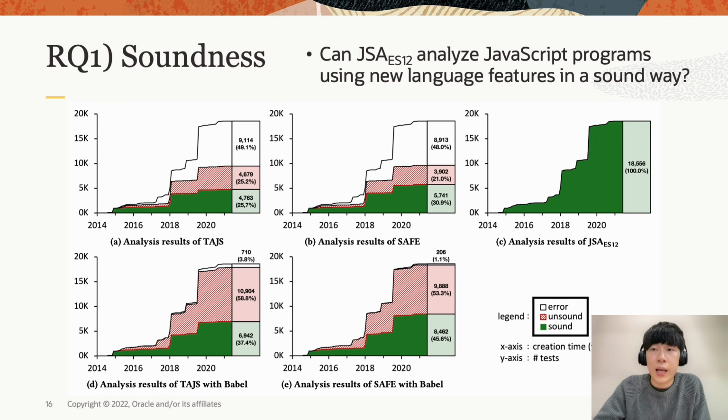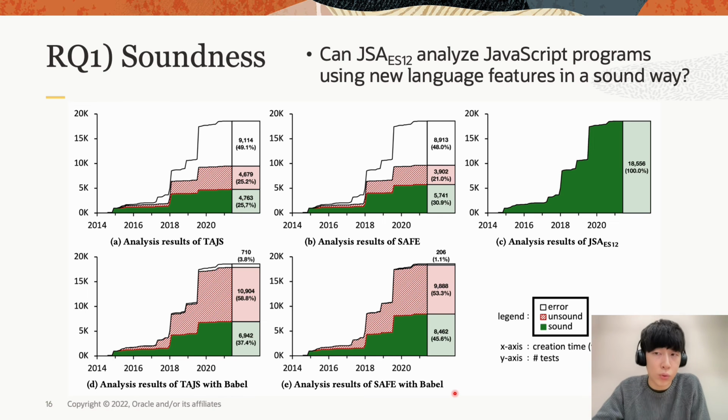First, we check the soundness of each JavaScript static analyzer. For existing static analyzers, we also checked their soundness with Babel, the most widely used JavaScript transpiler, which we used to transpile new language features to ES 5.1 features.